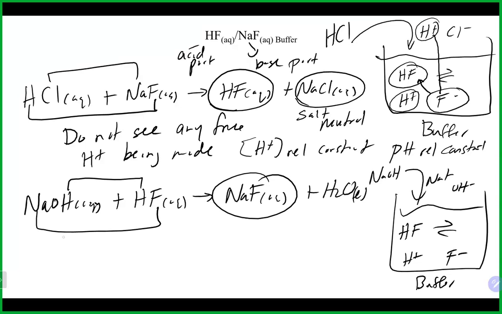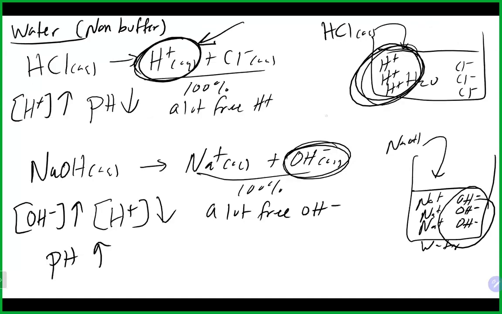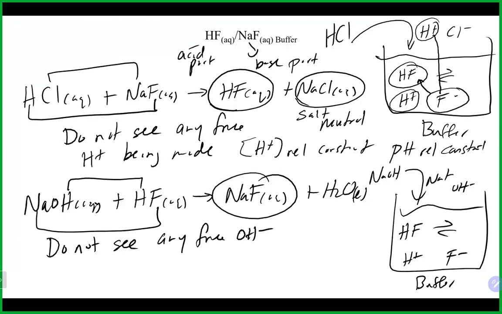It again is what we do not see here that we did see when we added that to water. What do we not see here that we saw when we added the sodium hydroxide to water? There's no free OH minuses, right? When we added that to water, we had a bunch of free OH minuses that entered the solution, as we see here. In this case, when our OH minus goes in, it actually will react with this guy, and it will offshoot water, which is not going to affect the pH of that solution.